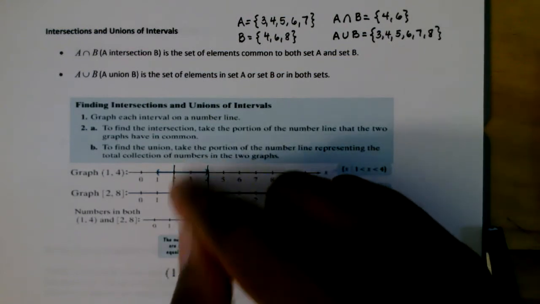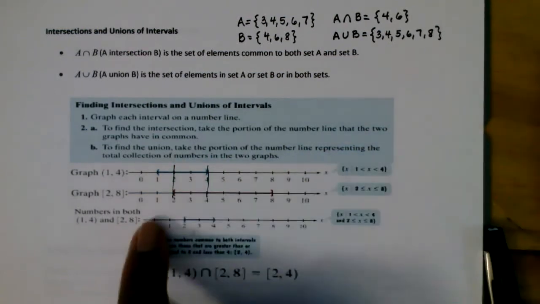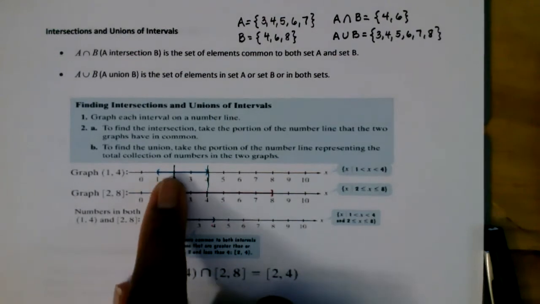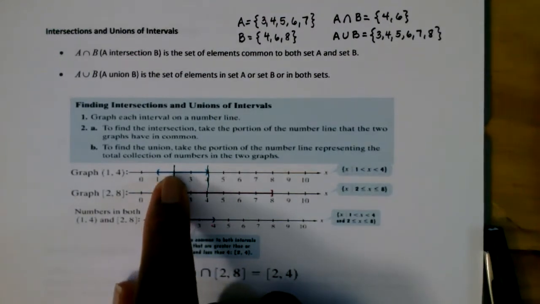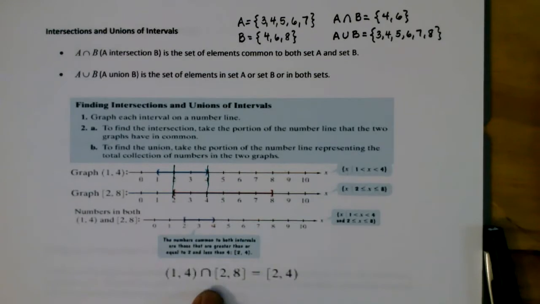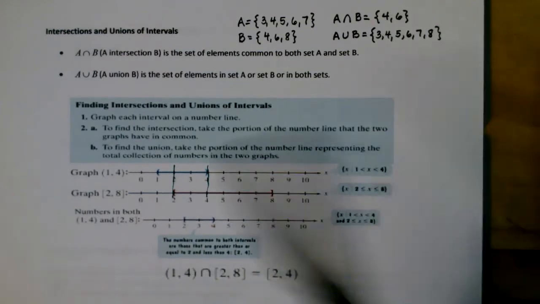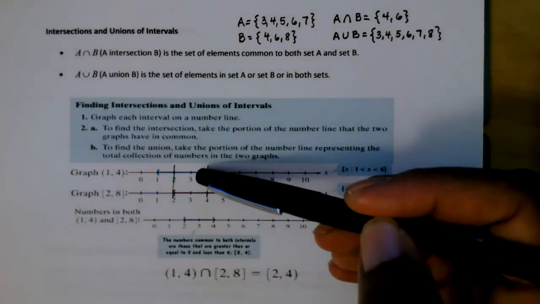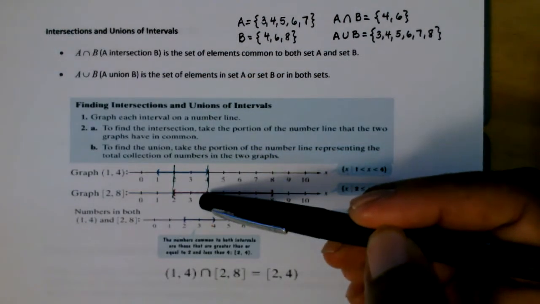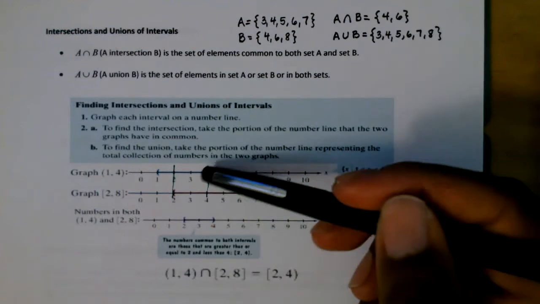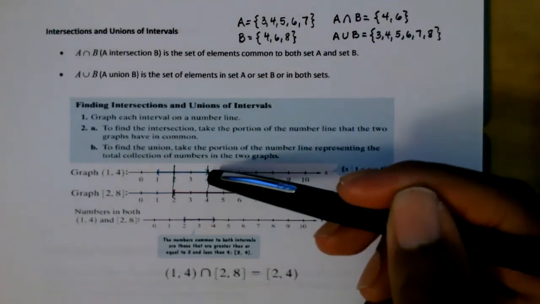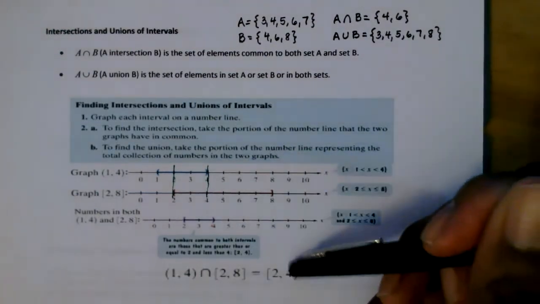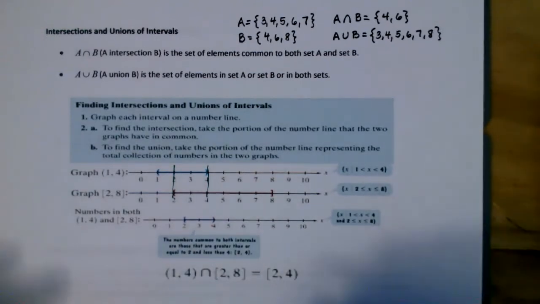Take a look at the 2. The 2 is in both of these because here we have a bracket at 2 and 2 is included in that first interval. So we use the bracket for the 2. But for the 4, we have a right parentheses here, and 4 is included in the other, but it's only included in one of these, namely the second one. So we have to use parentheses.